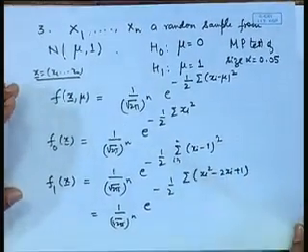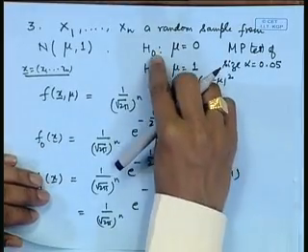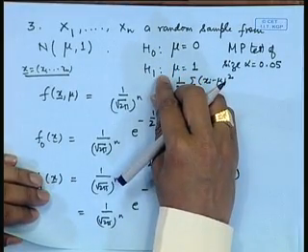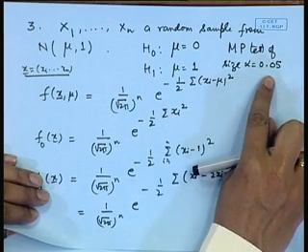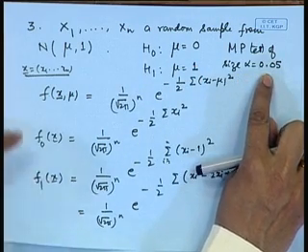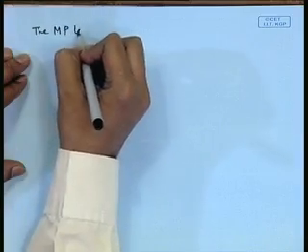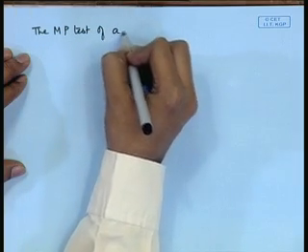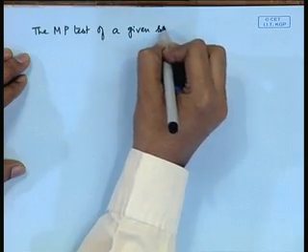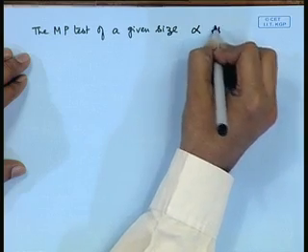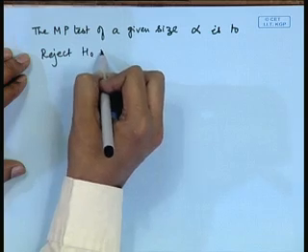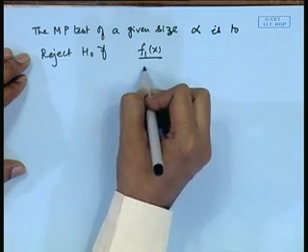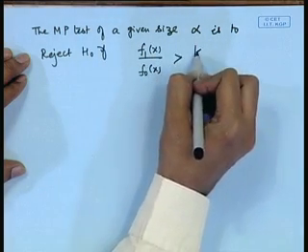So, if we take the most powerful test, because the hypotheses H0 and H1 both are simple hypotheses, we can apply the Neyman-Pearson fundamental lemma to get the most powerful test for a given size. So, the most powerful test of a given size, say alpha, is to reject H0 if f1(x) by f0(x) is greater than k.